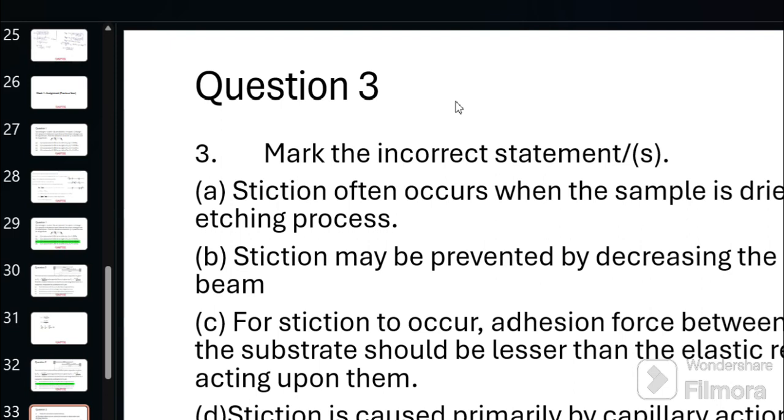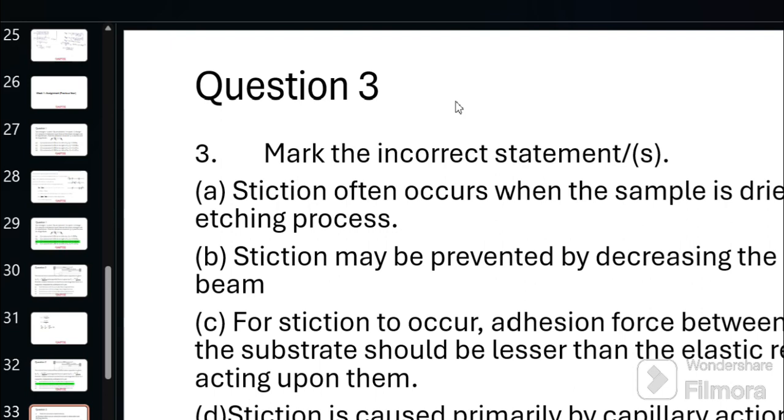Stiction is basically static friction, where some kind of bond forms between the beam and the substrate. If the force pulling it is big enough, it can break the bonds, and if the bonds are broken, then stiction will not occur.